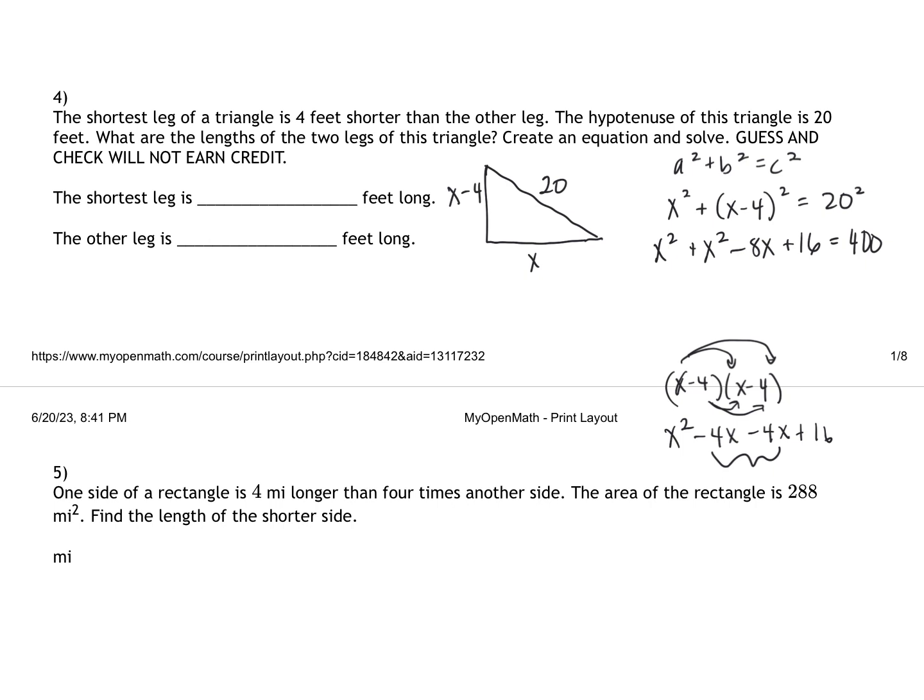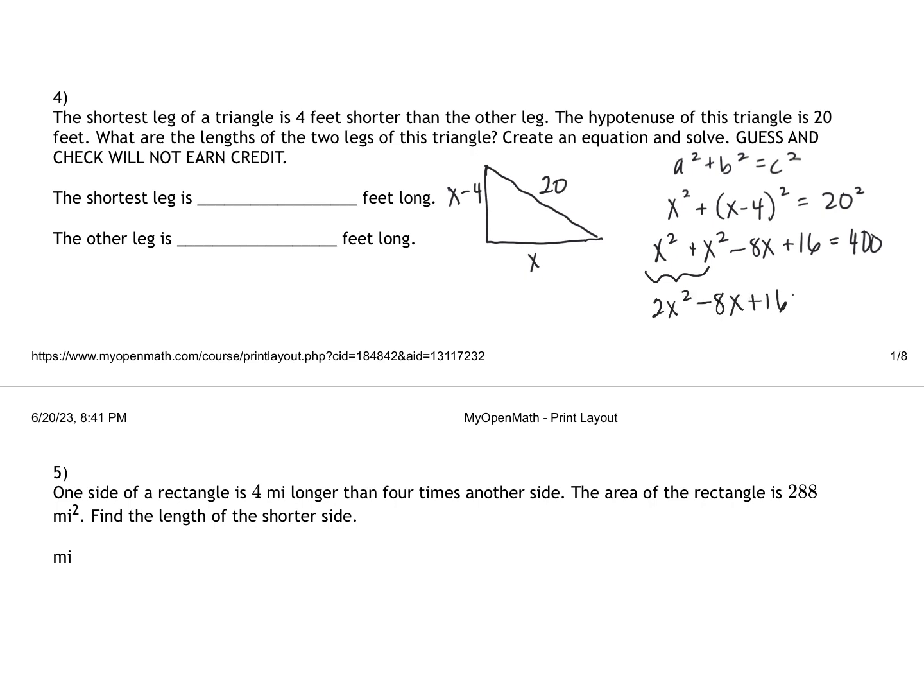Okay, I'm going to erase this scratch work since I don't have a lot of room. Combining like terms, I have these 2x squared, so 2x squared minus 8x plus 16 is equal to 400. Now I want to set it equal to 0 since it's a quadratic equation.